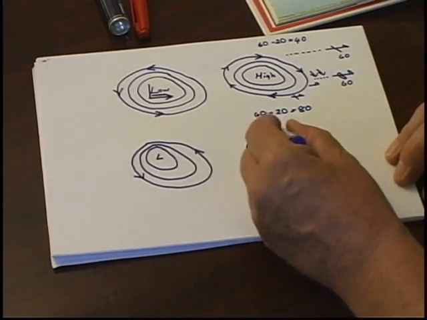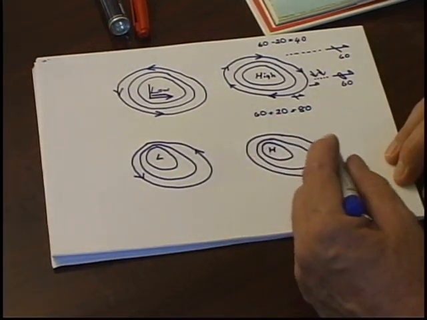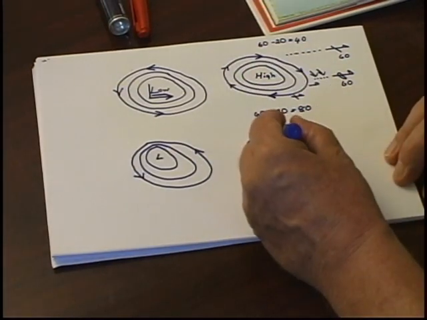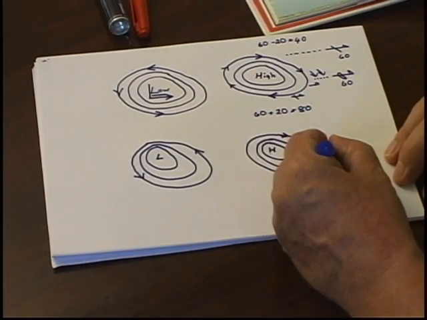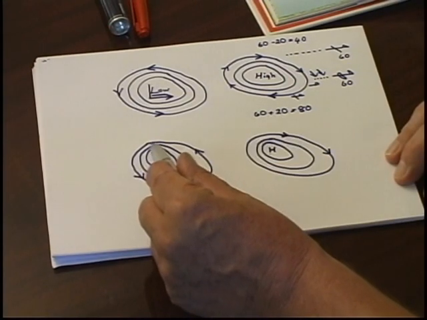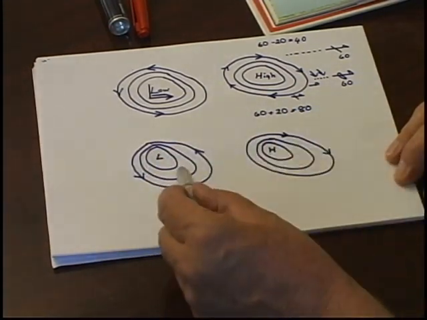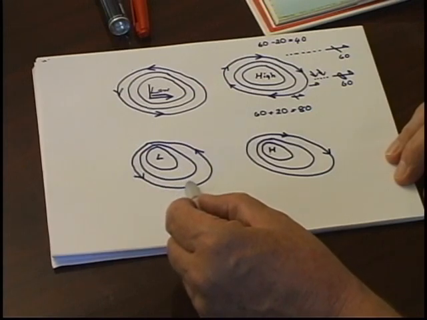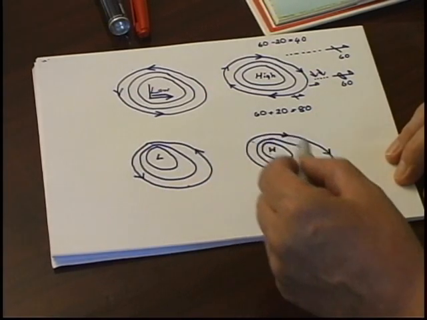But of course, because it's a high pressure system, the wind is going the other way, like that. You can see here that these lines are close together, and here they're far apart. Here the lines are close together, here they're far apart.